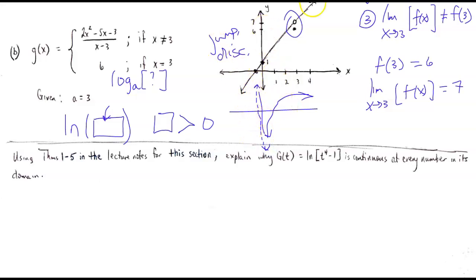Not the best looking graph of a logarithm, but that's the general idea. So since we have t to the 4th minus 1 inside our logarithm, to find the domain of g of t, we have to set t to the 4 minus 1 greater than 0.